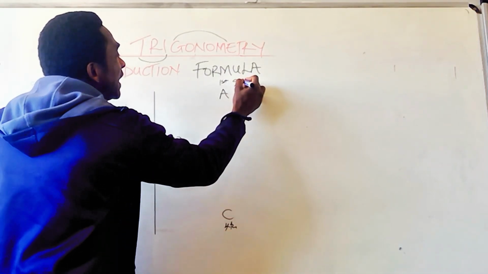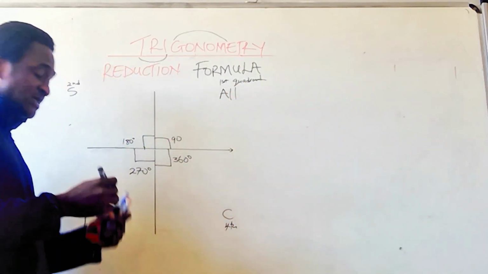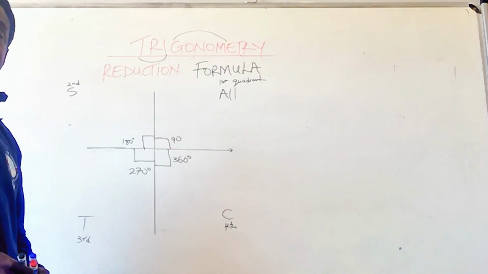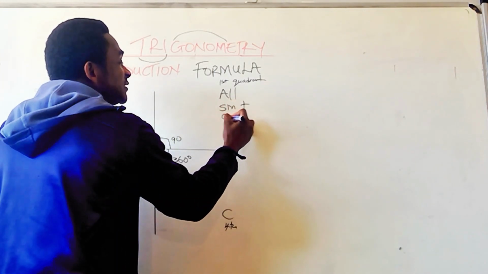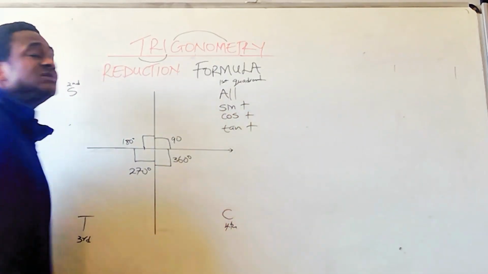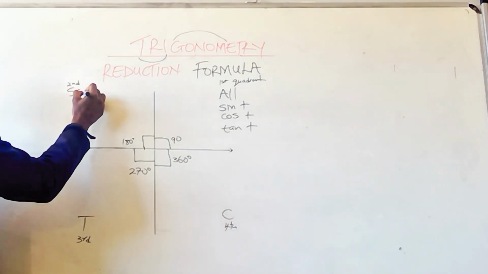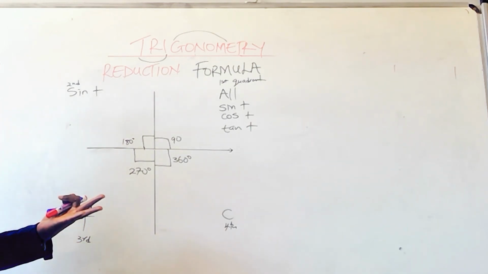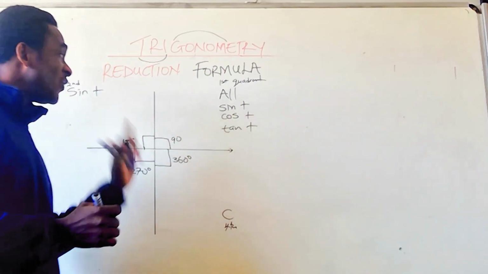What do they actually mean? The A here means all. It means in the first quadrant, all the 3 trigonometric identities will have a positive value. That means sine will have positive, cos will have positive, and then tan will have positive. On the second quadrant, the S here means that sine will be positive. The only one represented is the one that will take the positive value or the positive sign for each quadrant.